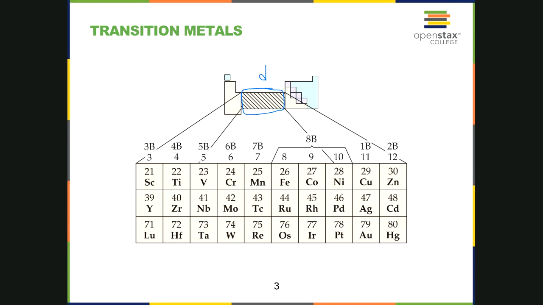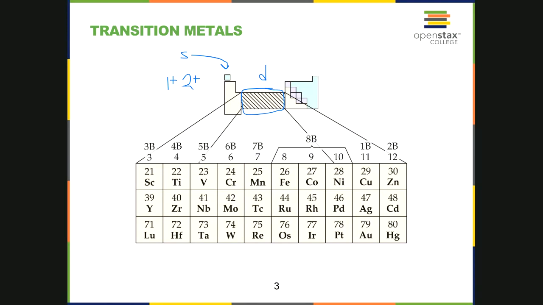Because if you have an S block element, like in the first two columns of the periodic table, these are either going to be only 1 plus or 2 plus, right? You guys remember all that stuff.